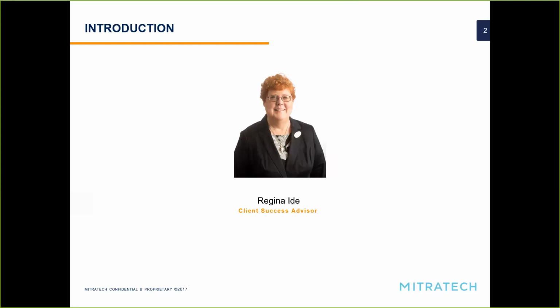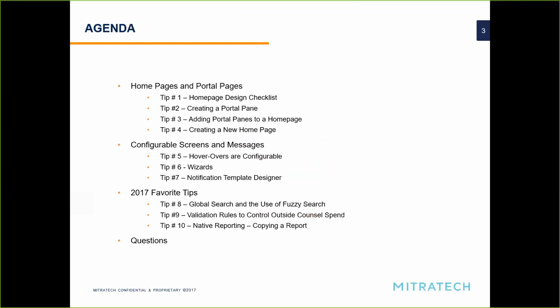Let's go ahead and jump right on in. As I said, today is a tips and tricks extravaganza. Our first tips and tricks are going to be related to home pages and portal panes. This is one way for you to configure TeamConnect so that it reflects the needs of your individual users or a group of users.